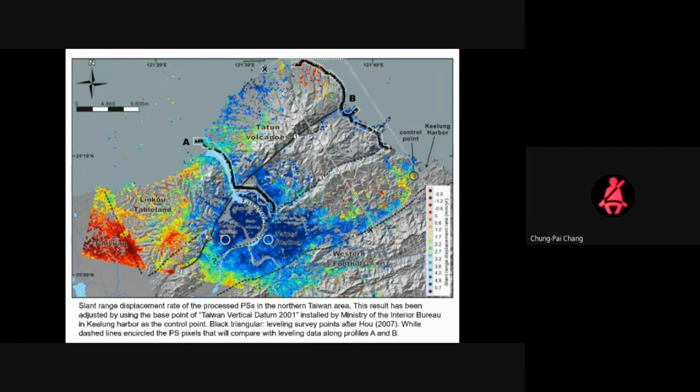So the Taipei Basin, our capital city, actually is threatened by many natural hazards, and right now most scientists in Taiwan know that, but because this is well developed, it's very difficult to move the capital city to other places.